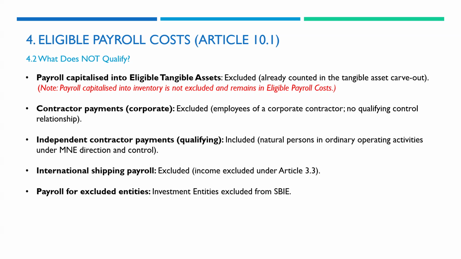Employee stock options, whichever is in P&L or on the vested basis, are all included. What is excluded is capitalized payroll costs, contractor payments, and payroll relating to excluded income. So these are what you have to understand.